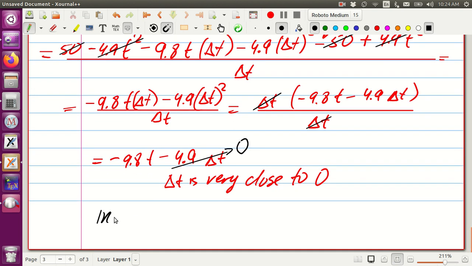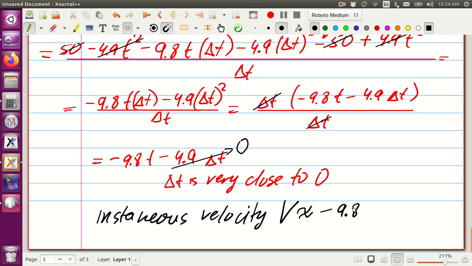Conclusion, our instantaneous velocity v is very, very close to negative 9.8 t. And it's any number t, so maybe I should have written it like this, function of variable t.